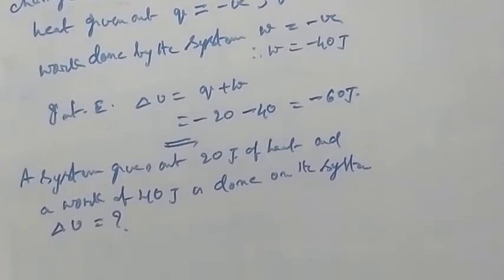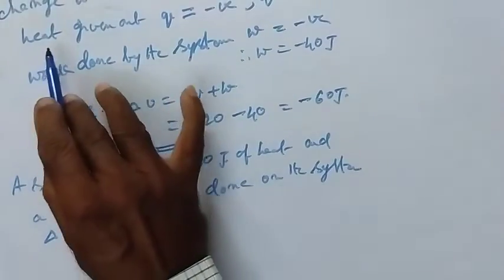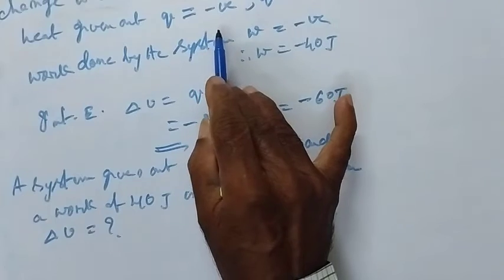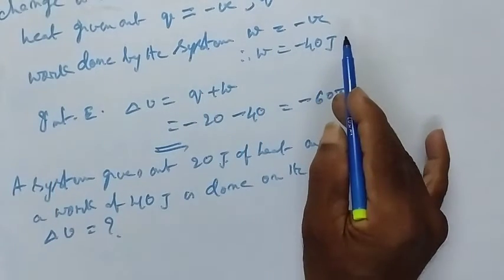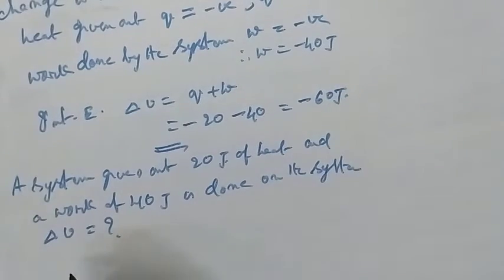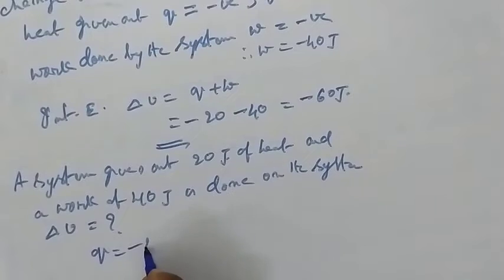Heat is given out, therefore Q equal to minus 20 joule.